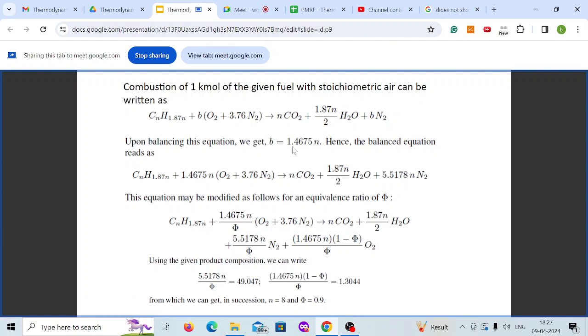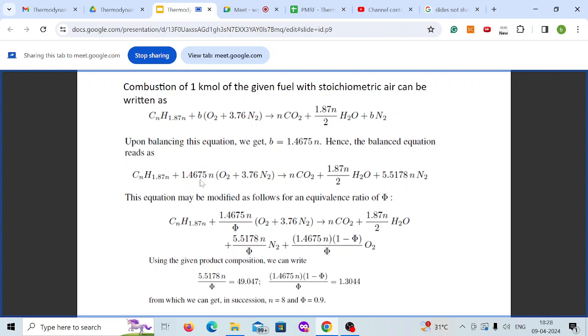So now we know how much air is required. We substitute B again in the expression, and we are modifying the equation. So this is what the new expression will be.